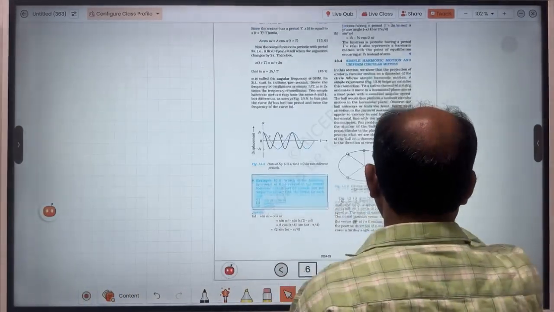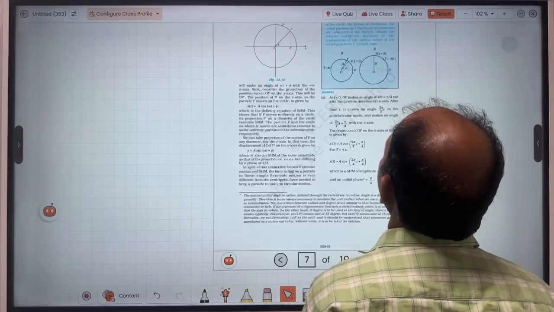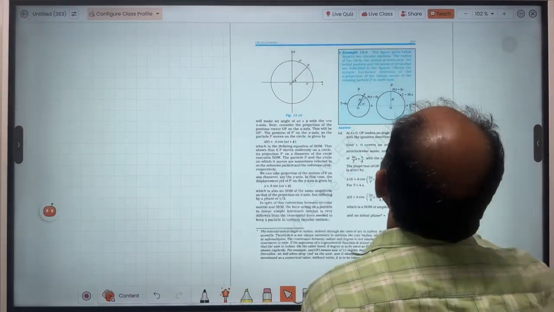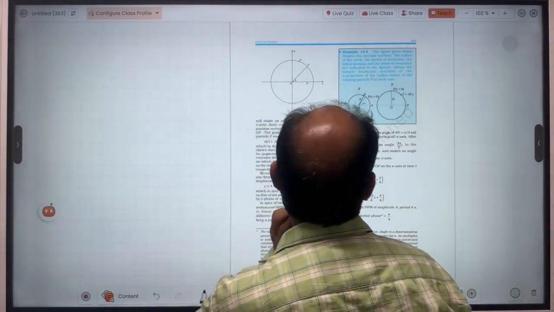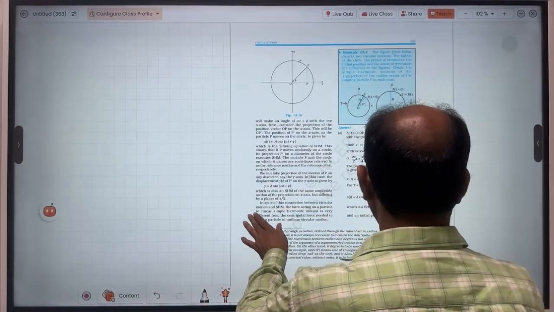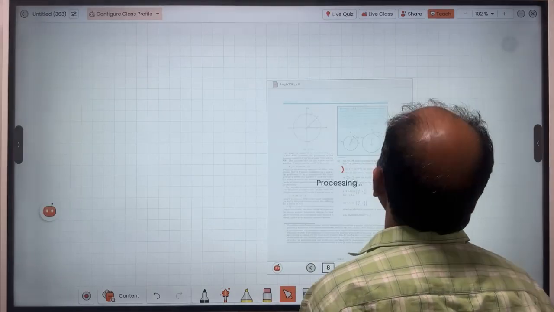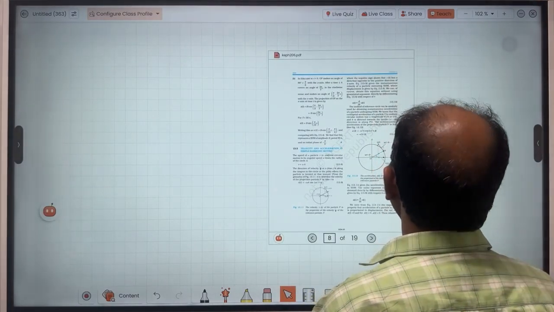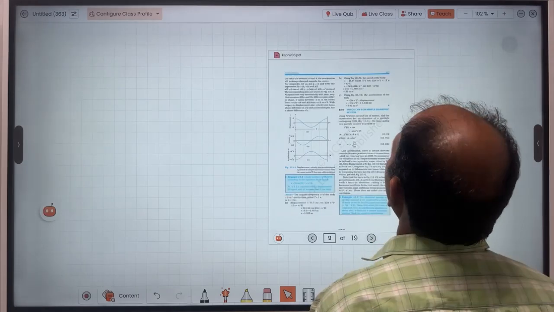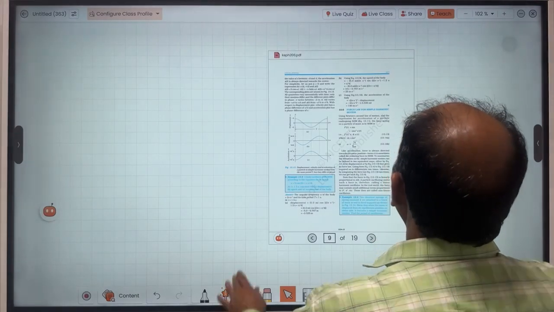Then some basic properties of periodic functions we can study, like displacement is directly proportional to acceleration, and then we can study different types of graphs, etc. Here we are not going to analyze every aspect.